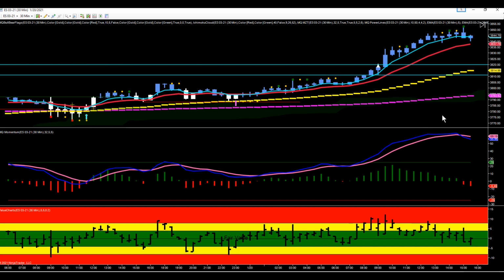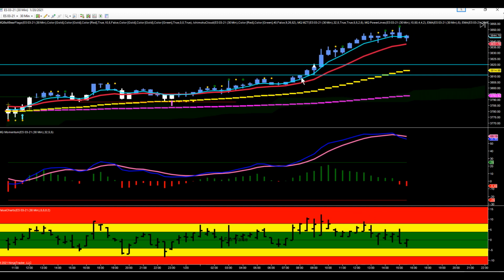So there's your 30-minute opening range. And once you start trading and trending above or below the 30-minute opening range, you know you're trending for the day, or at least for that time period.